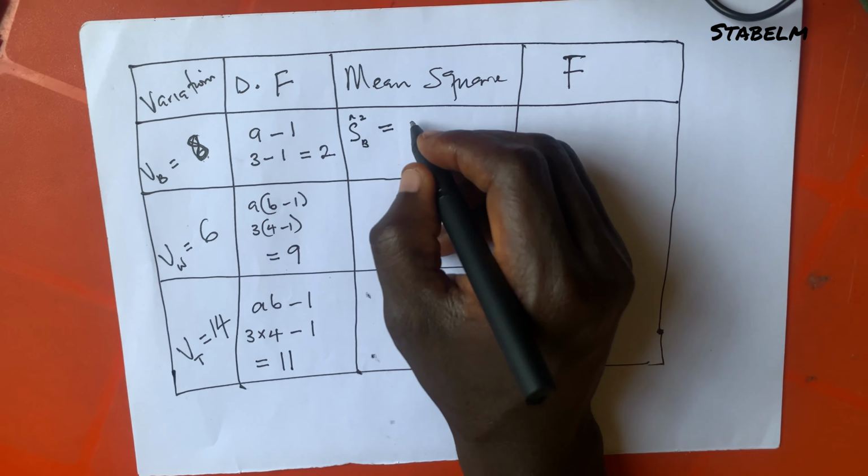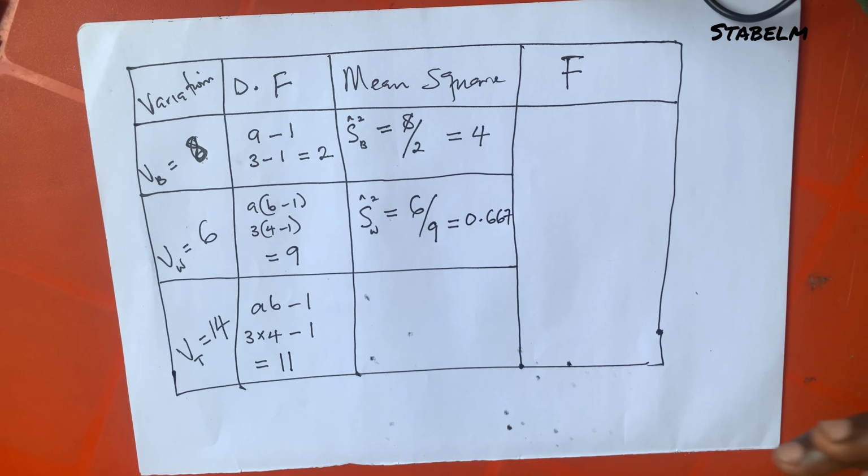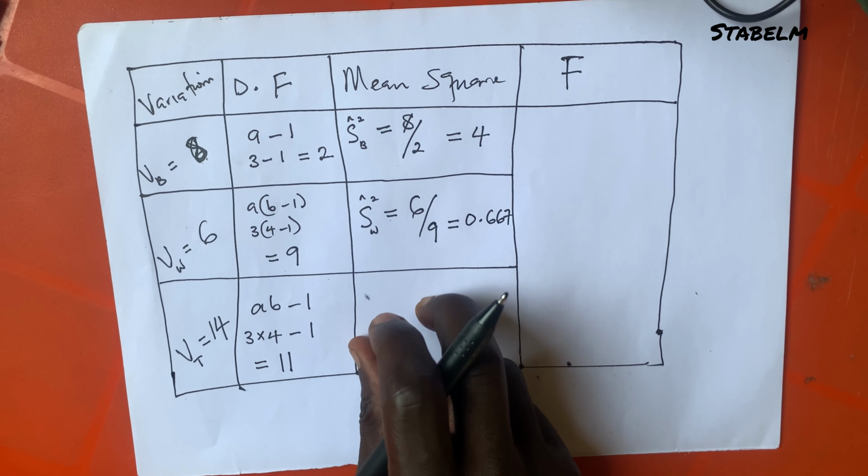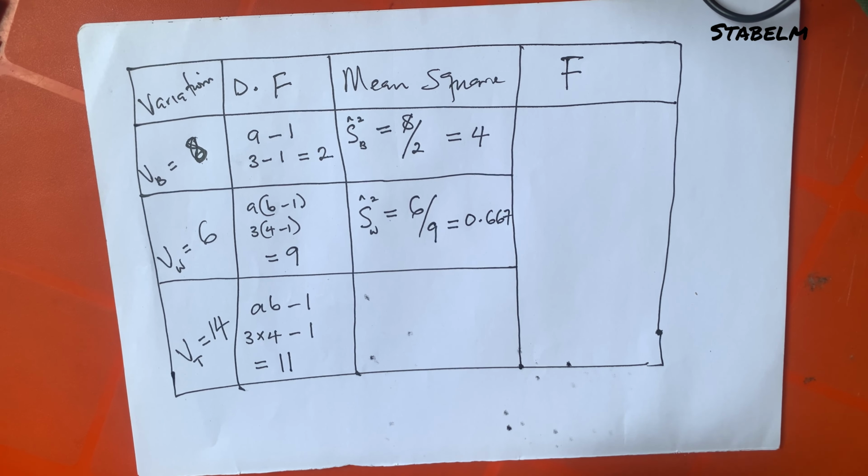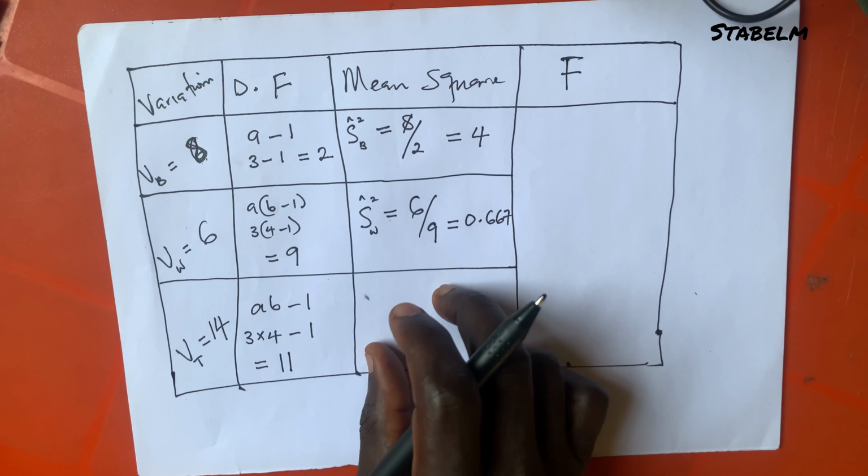Then here we have a mean square for within, and this will be 6 divided by 9. So we say 6 divided by 9, and this will give us 0.667 approximately. So there is no need for us to calculate the mean square for the total variation.